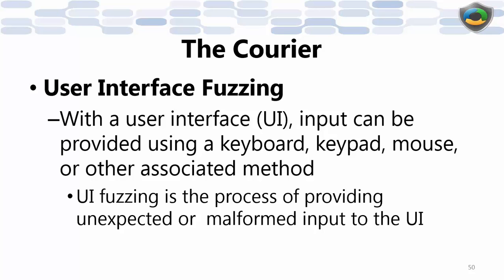And you had to do 2 quick taps on the left-hand side of the keyboard. So when they started to do UI fuzzing, they started tapping the right side of the keyboard or tapping the left and the right side simultaneously just to see what would happen as this was being done.